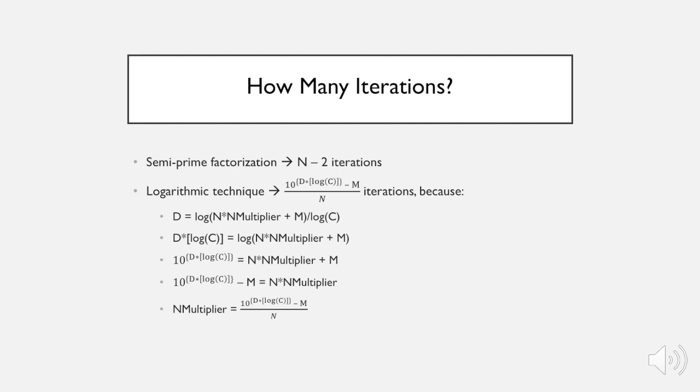So 10 to the d times log c power minus m is equal to n times n multiplier, and thus n multiplier is equal to 10 to the d times log c power minus m all divided by n. By solving for n multiplier, the amount of iterations needed to calculate d through logarithmic techniques has been calculated to be 10 to the d times log c power minus m all divided by n.